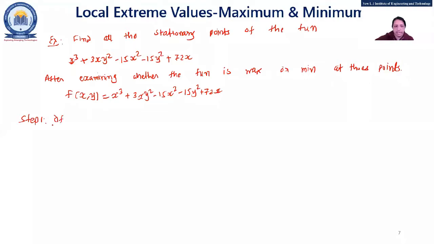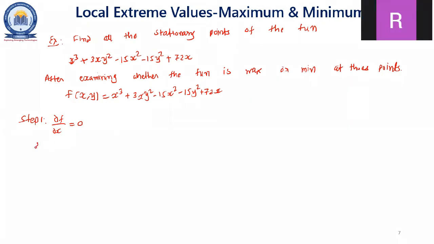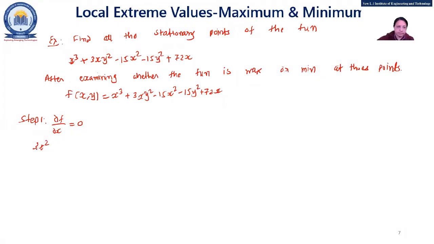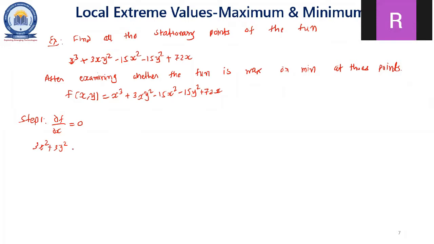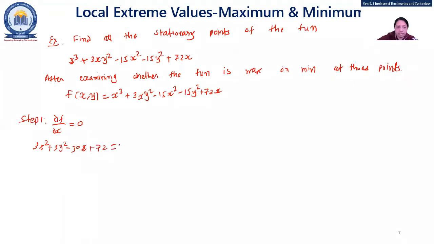I'll write del f by del x equal to 0. So what is the partial differentiation of this? 3x square plus 3y square, because x is there with it, minus 30x plus 72 equal to 0.